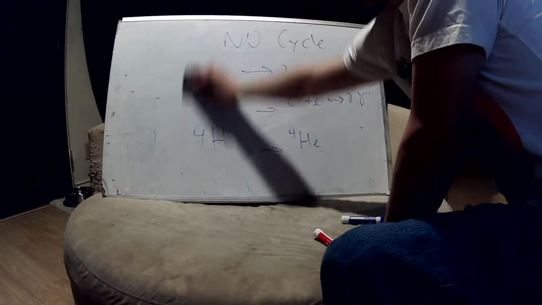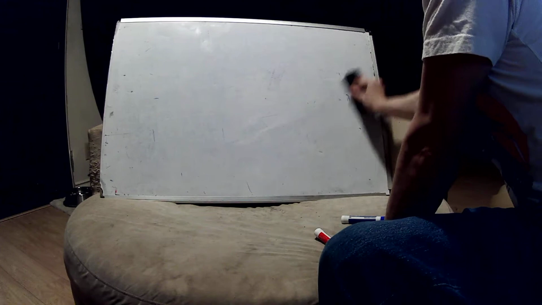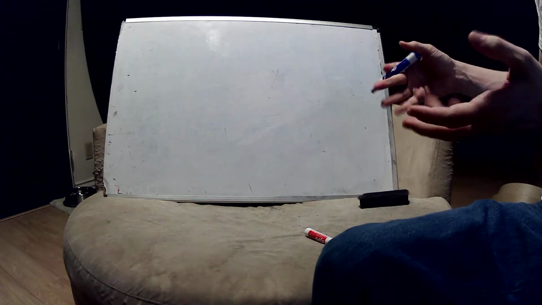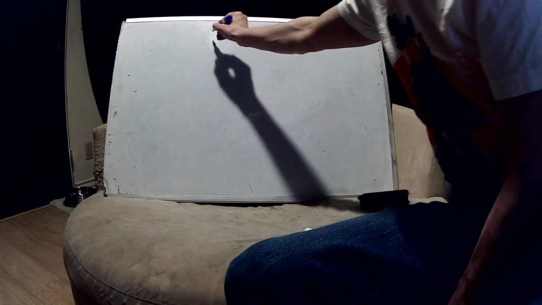Now, when a star blows up and goes supernova, it generally leaves behind a remnant, a piece of something. Now there's a limit.